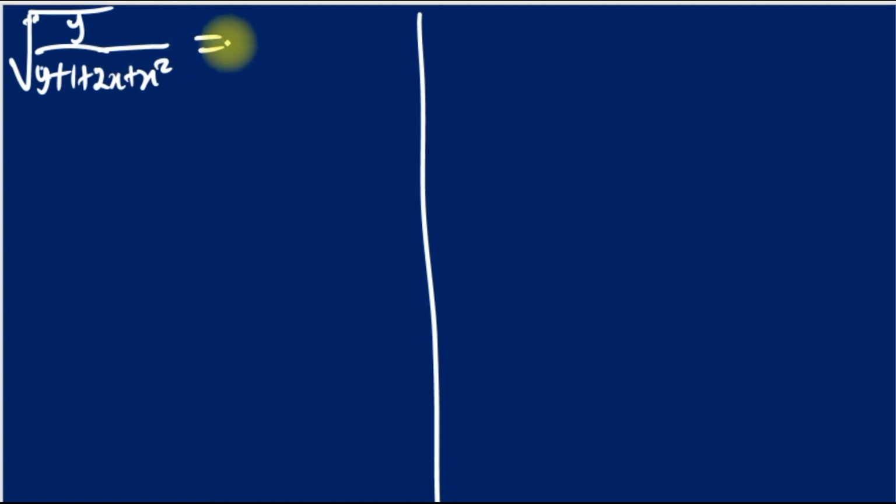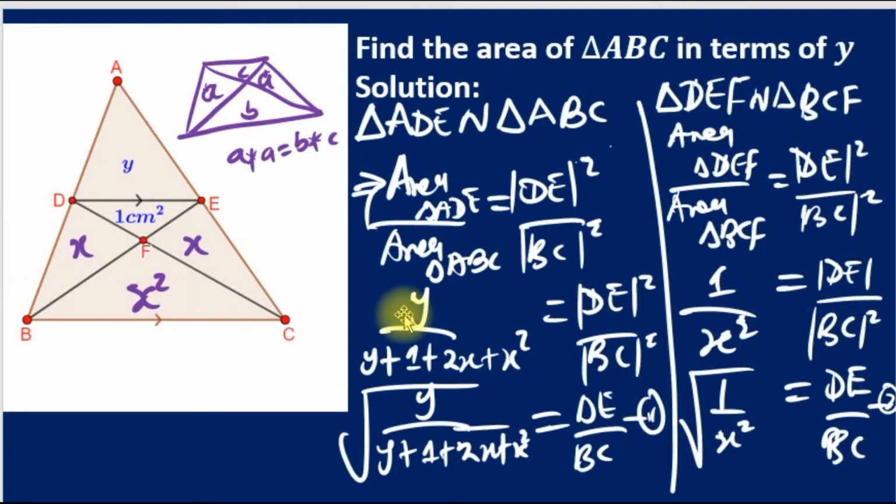So equating the two, we have that square root of y over y plus 1 plus 2x plus x squared must be equal to square root of 1 over x squared. Remember, from this, DE over BC is that. Why? That same DE over BC is that.